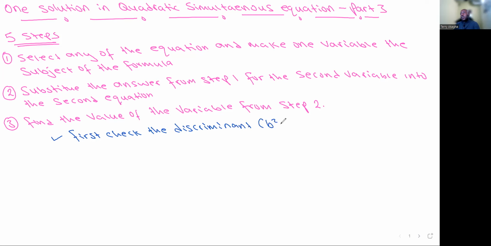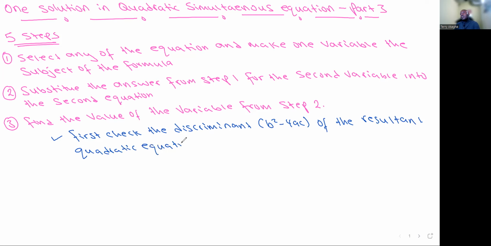It will be b squared minus 4ac, okay? Of the resultant quadratic equation. So it's very important to do this step, all right?